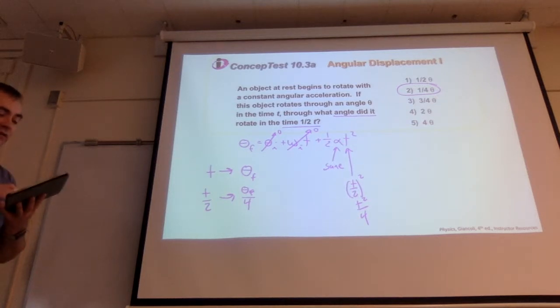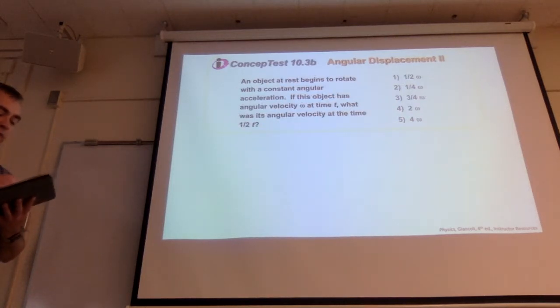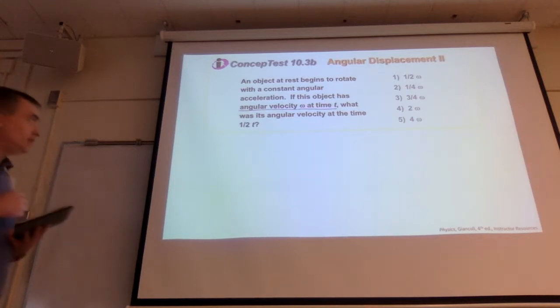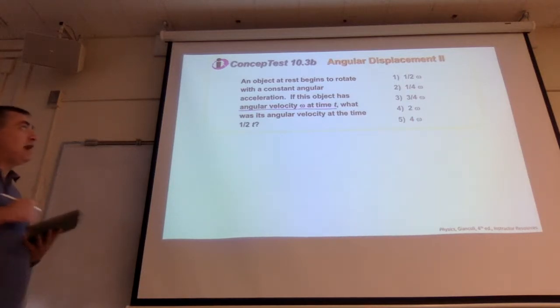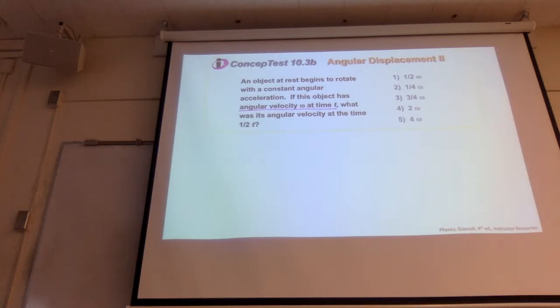Let's see the same problem, but now we're going to say it's rotating with that velocity after time t. How fast was it rotating in half the time? For this one, we're going to use a different equation. We need one that compares the variables that they're talking about in the problem. So again, it starts from rest.